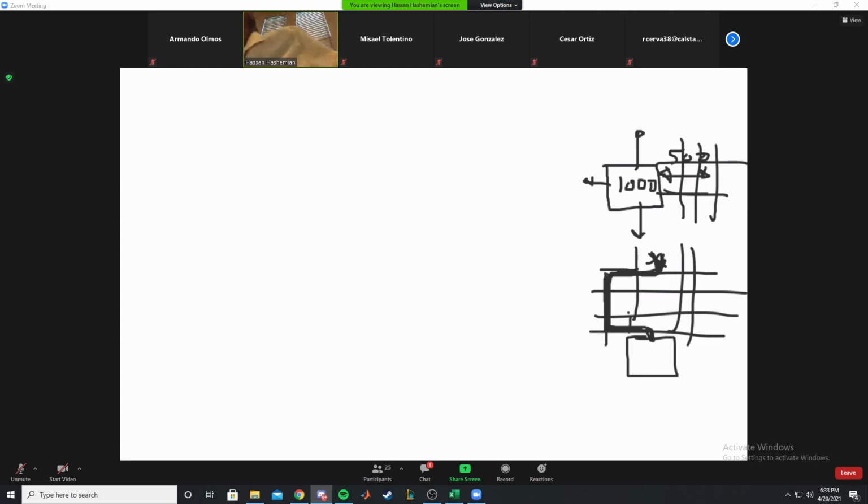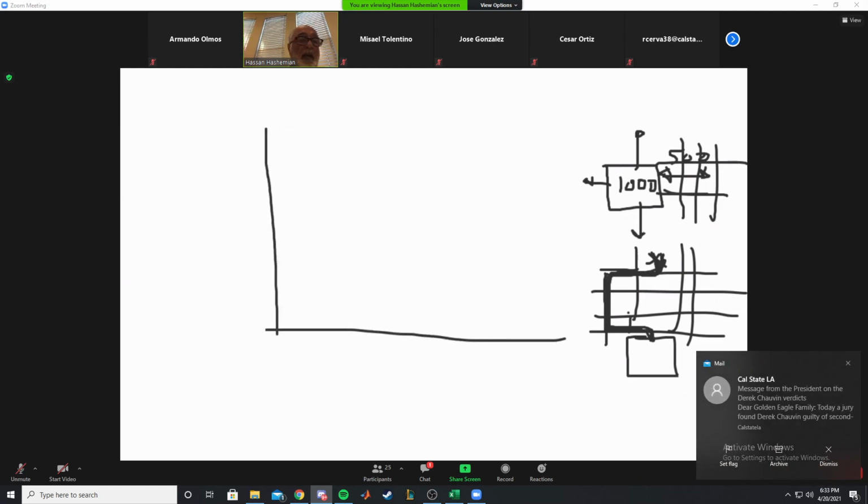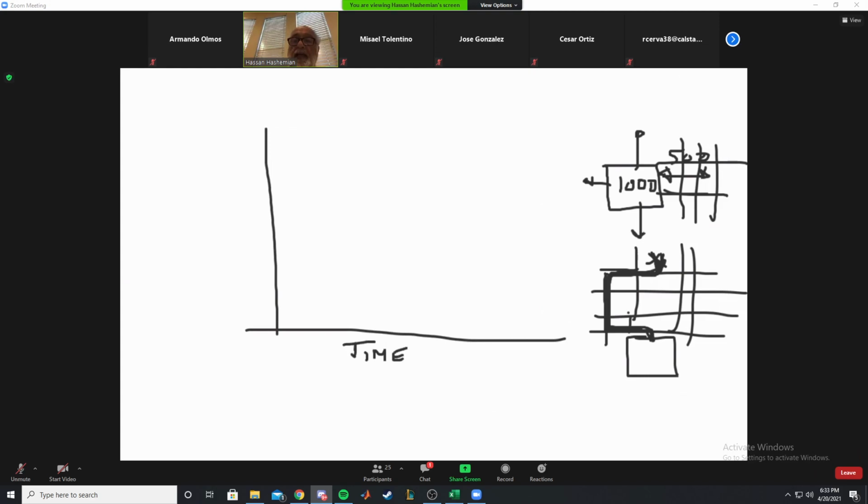There are two types of methods that we're going to use. One is called diversion curve, and the other one is called all or nothing assignment model. On the diversion curve, what we want to do is figure out the time ratio as the x-axis.